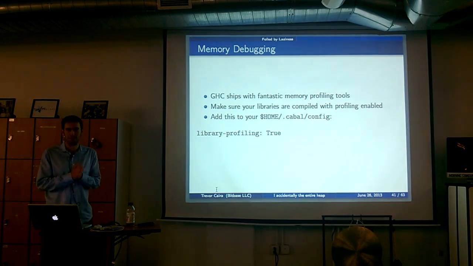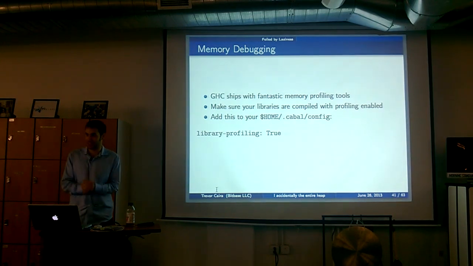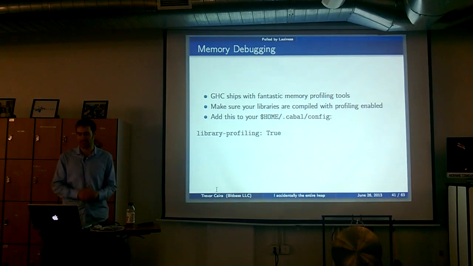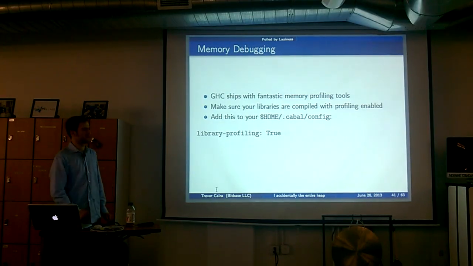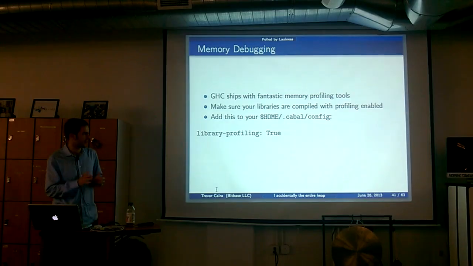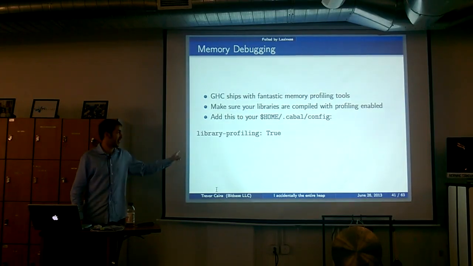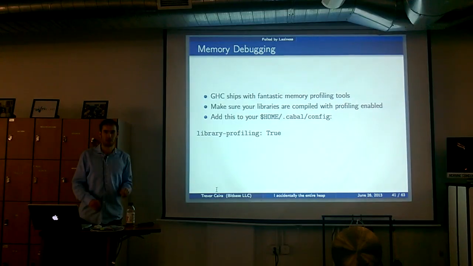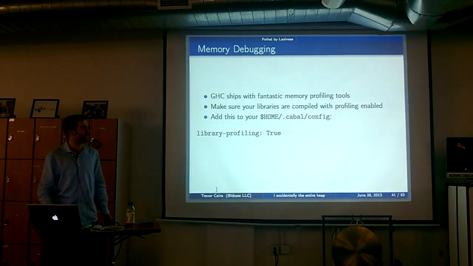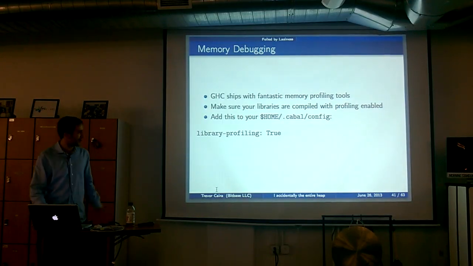Well, let's find out. Fortunately, we're using GHC, which is world-class software with world-class memory profiling. However, you can't use them yet unless you've got your stuff configured right. So go home and do this: go to your config file and add that line, library profiling is true, and then recompile everything, and then you'll be good. All right?